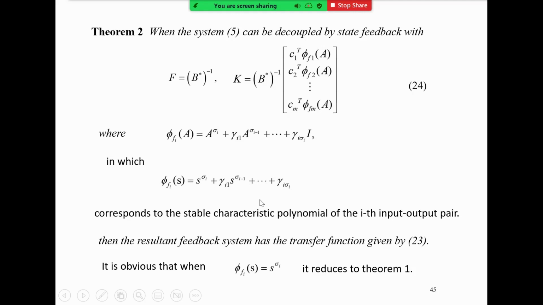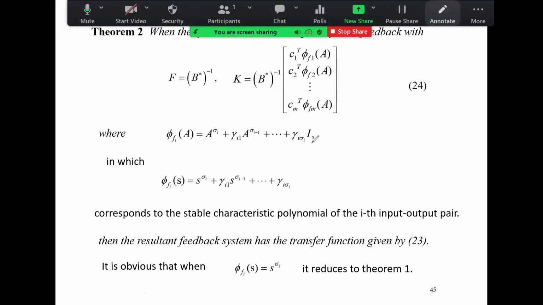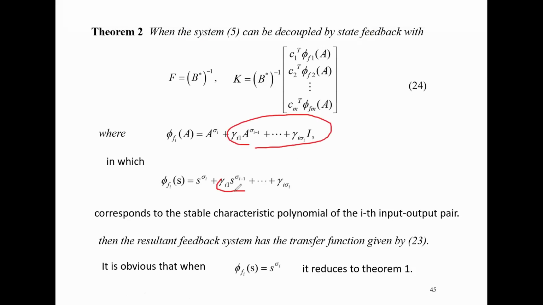In the very special case in Theorem 1, what we achieve is just to make the closed loop polynomial for each one s to the power of sigma i. Which means in that one, actually all those are 0.